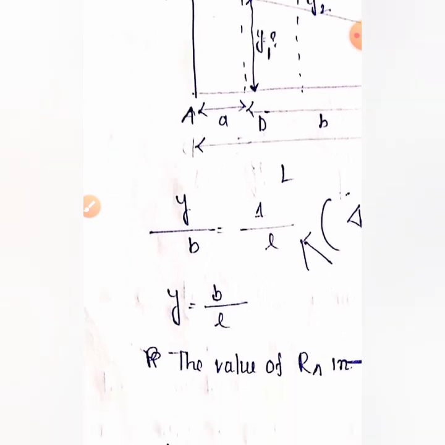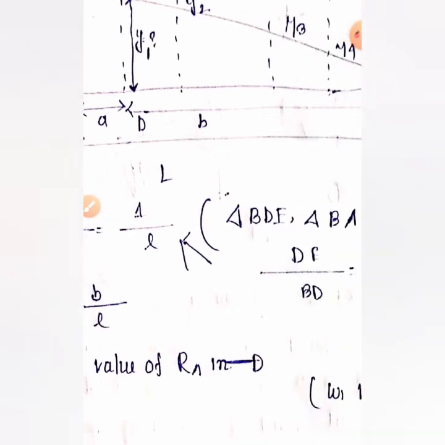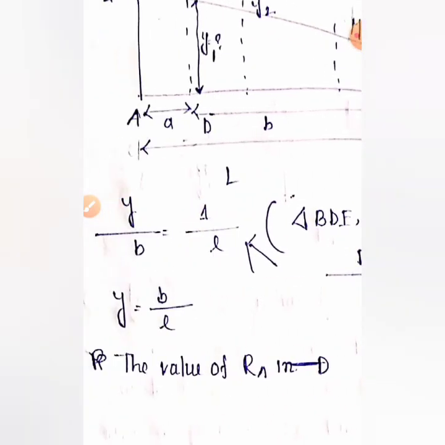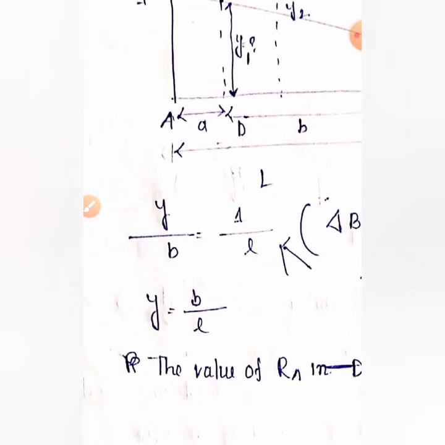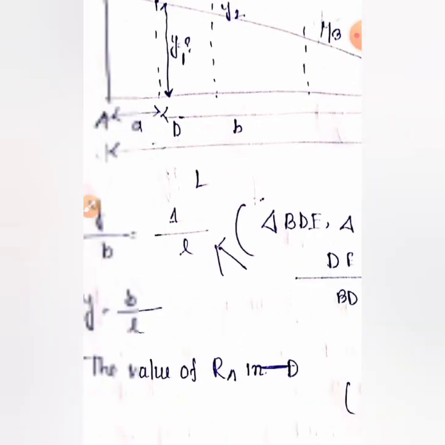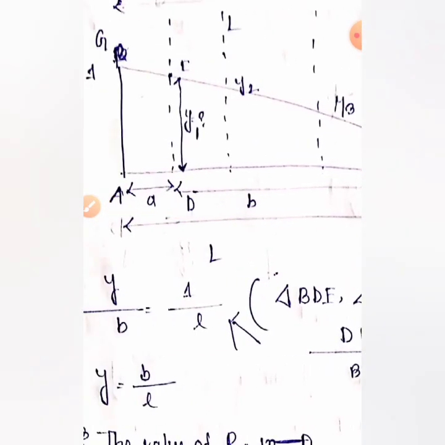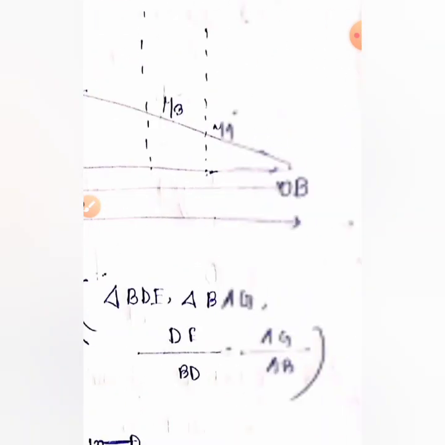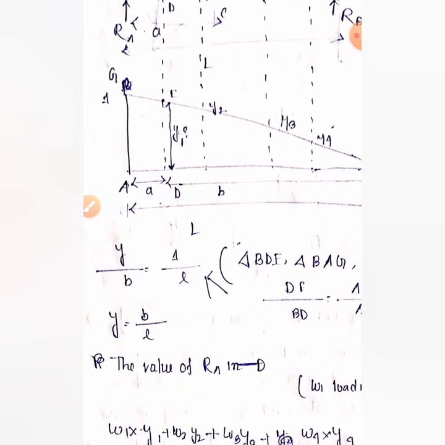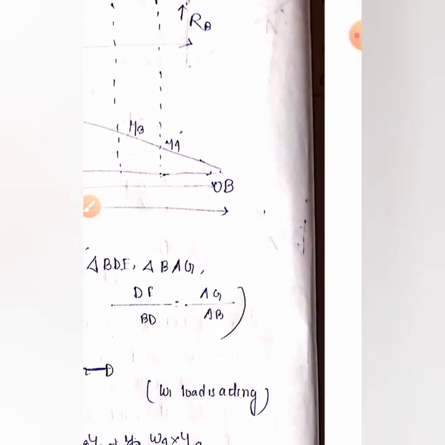So for that we have to use one similar triangle property. We all remember this property. If we consider two basic triangles, that is AGB and the triangle DEB.